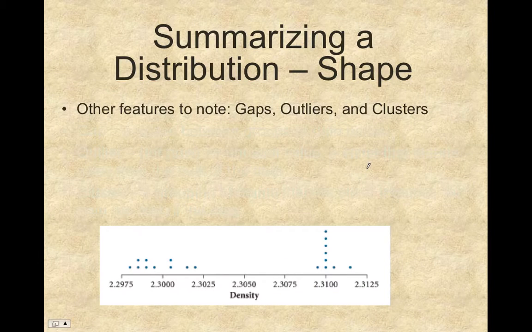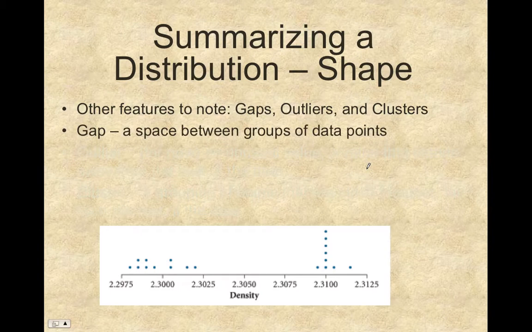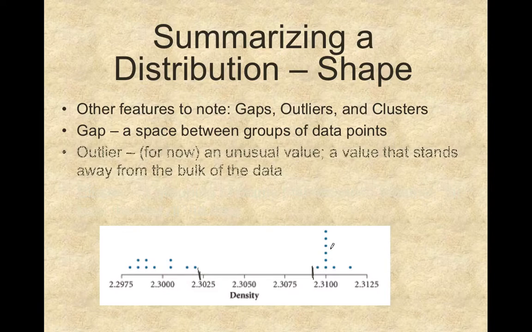Other features we should mention: gaps, outliers, and clusters. A gap is basically a space between groups of data points. So I might note that there's a gap between here and here in this dot plot. An outlier for now is just an unusual value, a value that kind of stands alone.